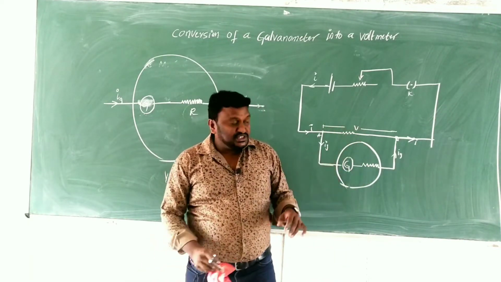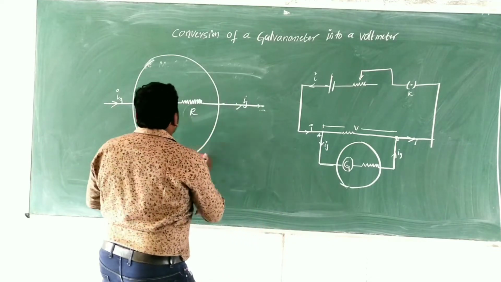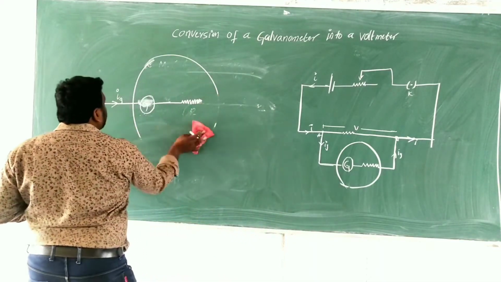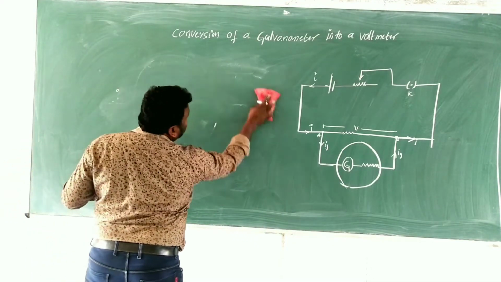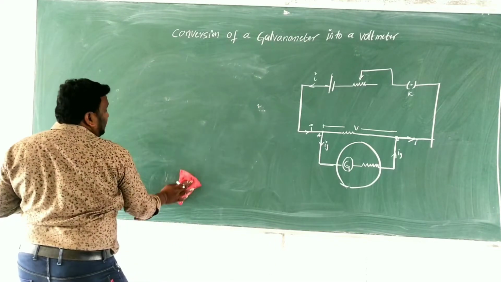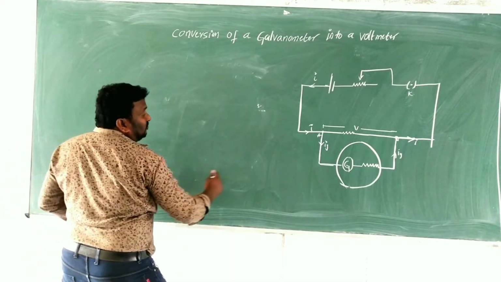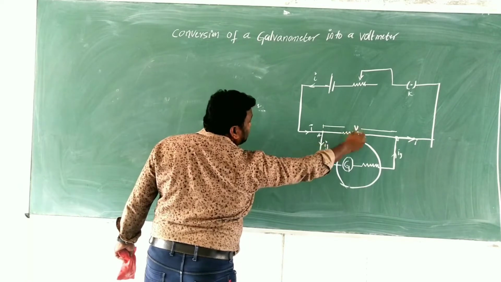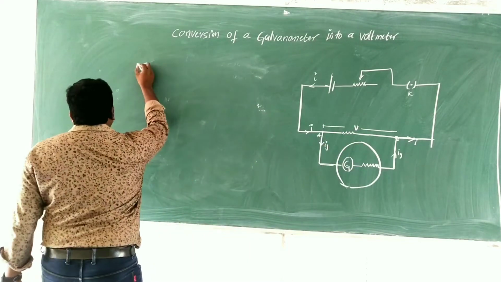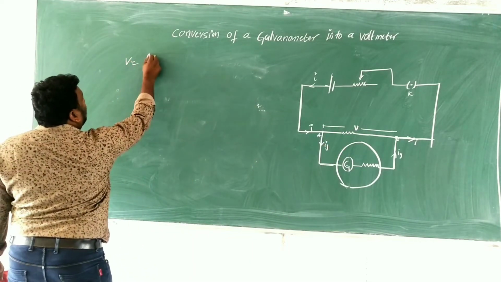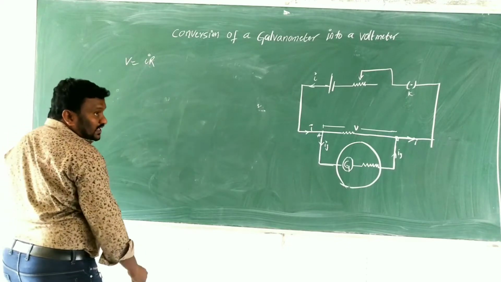Clear? And children, now in this case, here you have to write. So what do we write, children? V is the potential, the potential we are going to measure. Generally we write V is equal to IR.